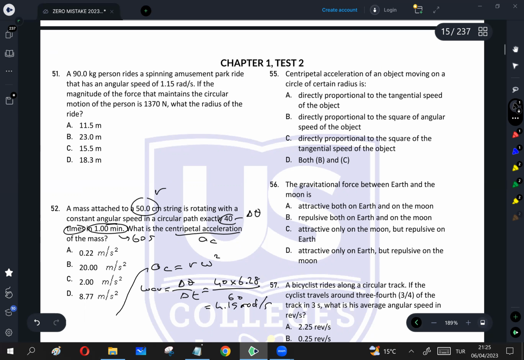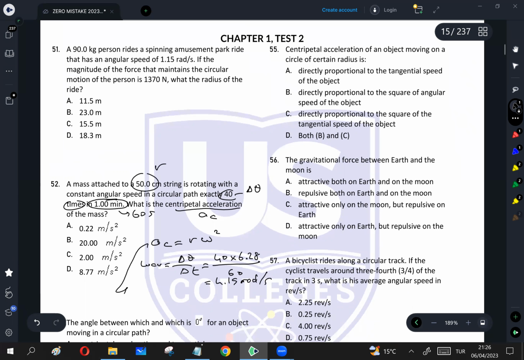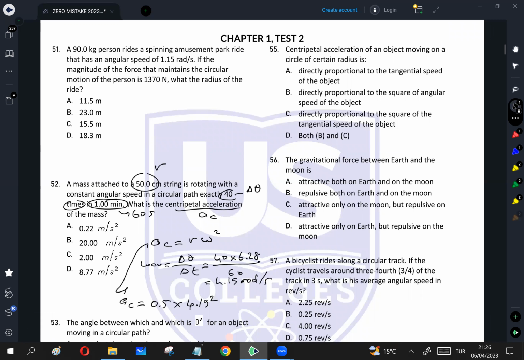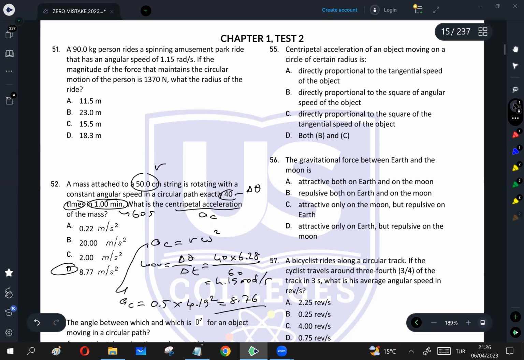After that, apply this equation for a c. a c is going to be r, 0.5, times 4.19 squared. Okay, answer is going to be 8.76. 8.76 is the correct answer.